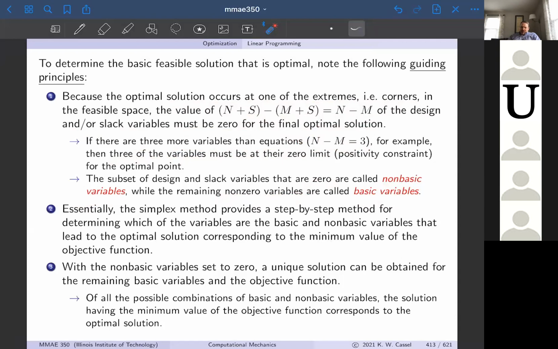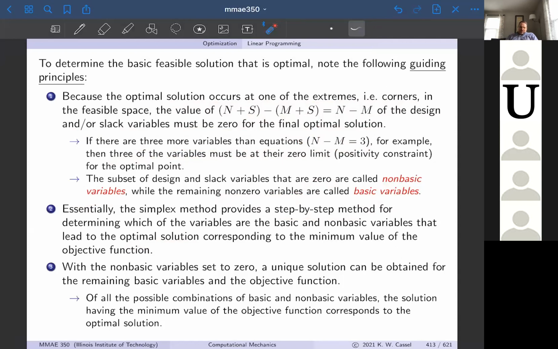All right, so again, we then have a step-by-step method for determining which variables go into each of these buckets in order to determine which one gives us the optimal solution, which of course corresponds to the minimum value of the objective function. Once again, we could do this in a brute force way. So all I've said so far is, well, I know 2 of them are 0 or whatever number of them are 0, fine. I can take advantage of that in getting the J for each point, but that's still a brute force approach that doesn't help me very much.